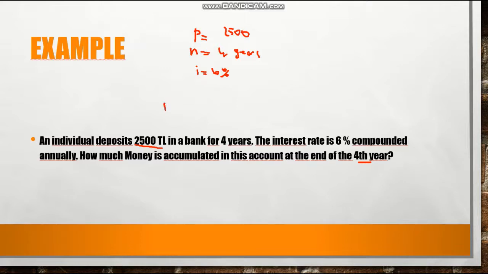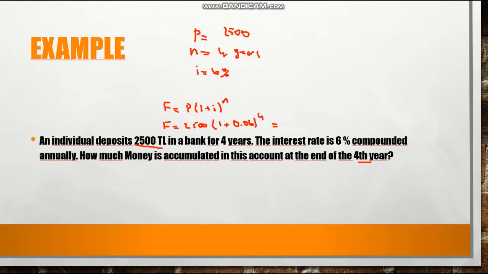What was our formula? The future money is equal to present money multiplied by 1 plus I, power of n. So future money is equal to present money, which is 2,500, then we multiply 1 plus I, which is 6%, which is 0.06, power of n, which is 4.